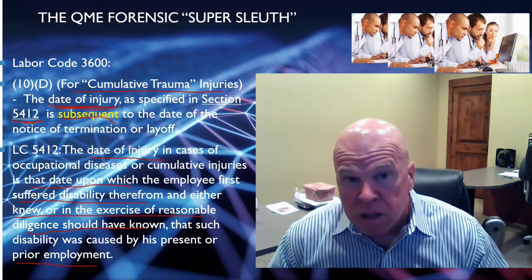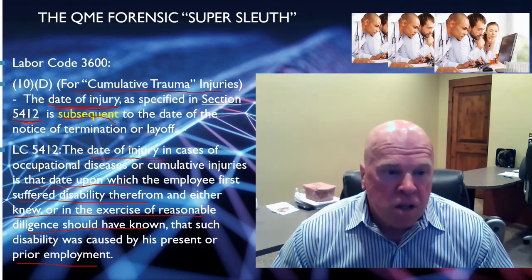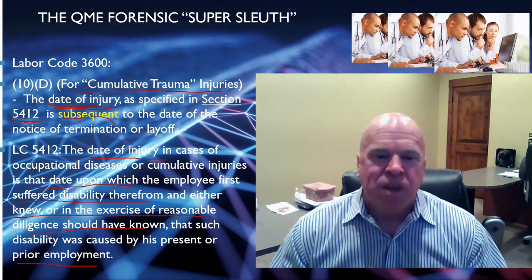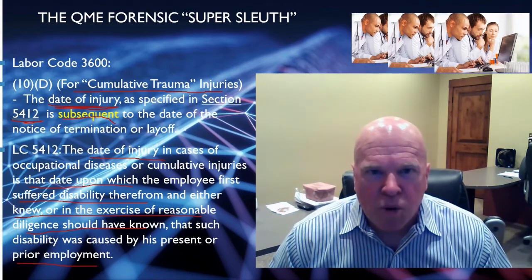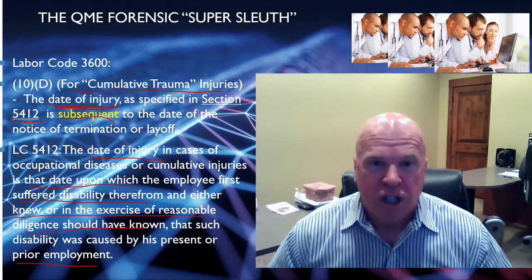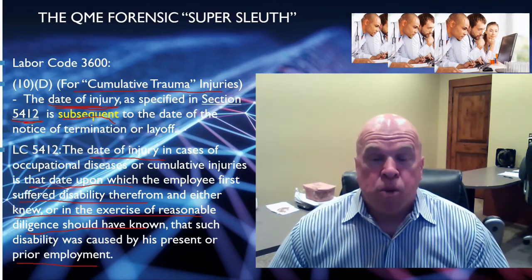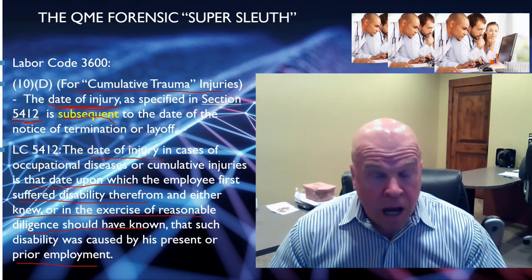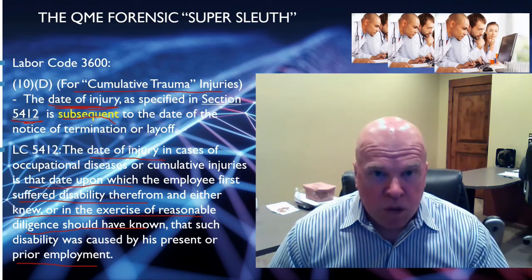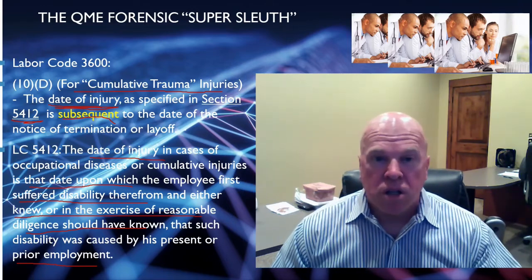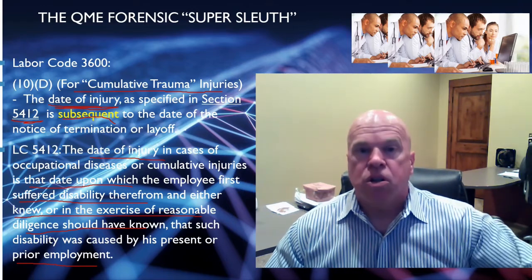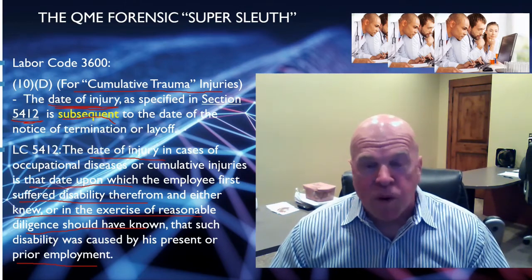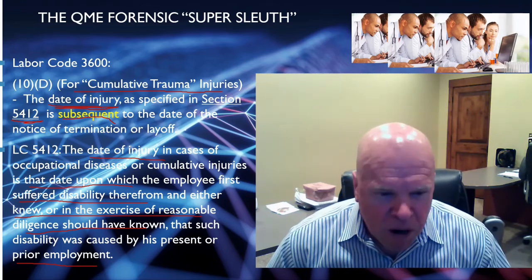Those are all objective criteria, but here Section 10D opens up a subjective criteria, and that is the date upon which the employee gained the knowledge that the disability was caused by the prior employment. And this is where employees will tell you that they did not gain the knowledge that the disability was caused by the prior employment until days, weeks, months, years, decades following the separation from the former employer.